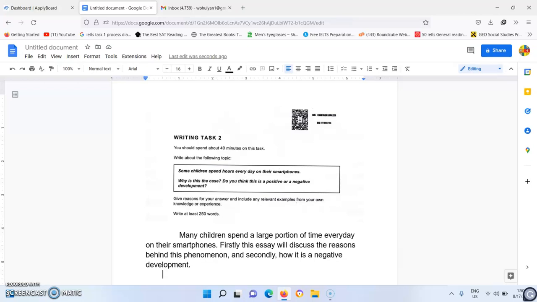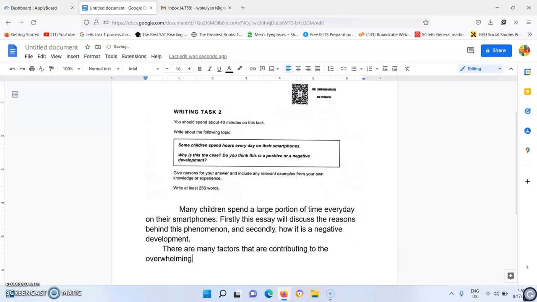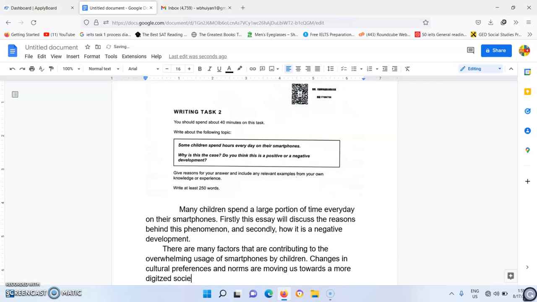So there are many reasons, or let's say many factors that are contributing to the overwhelming usage of smartphones by children. Changes in cultural preferences and norms are moving us towards a more digitized society.